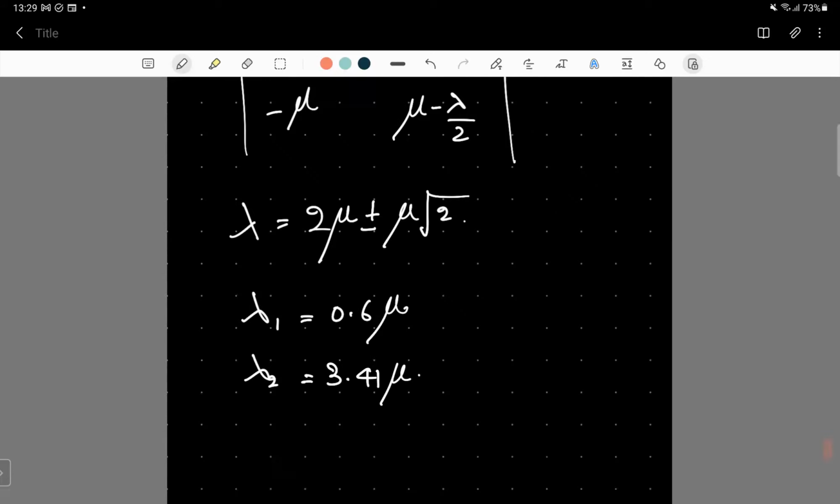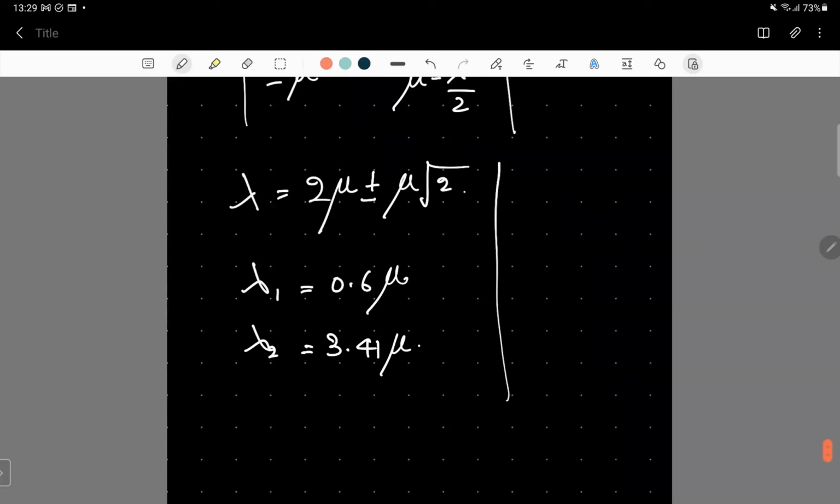Just for comparison, this is the result we obtained for the lump mass matrix. For comparison with the exact solution, lambda is given by 0.616 mu, whereas the consistent mass approach provides a value of 0.648 times mu.